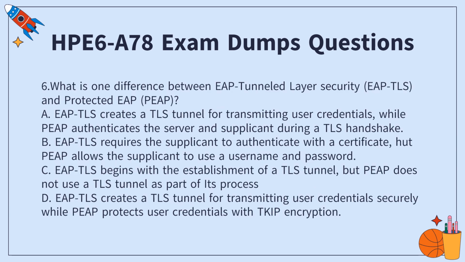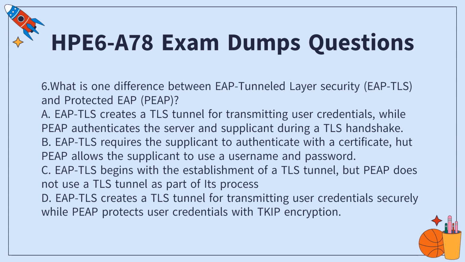6. What is one difference between EAP-TLS and protected EAP (PEAP)? A. EAP-TLS creates a TLS tunnel for transmitting user credentials, while PEAP authenticates the server and supplicant during a TLS handshake.